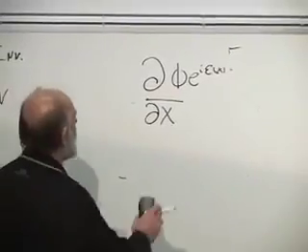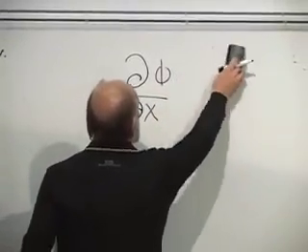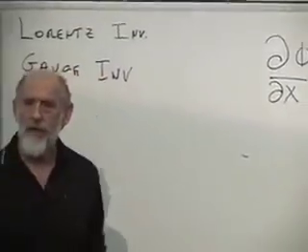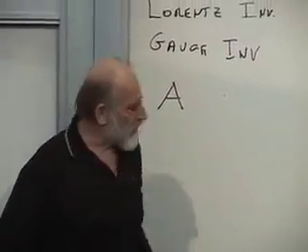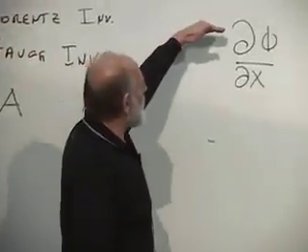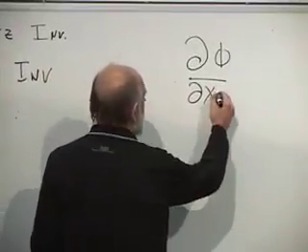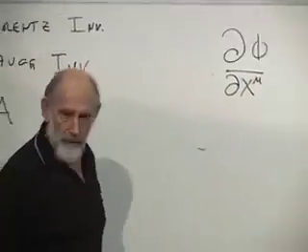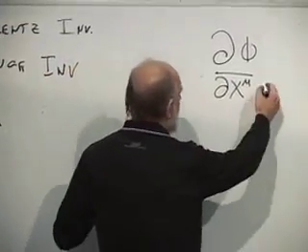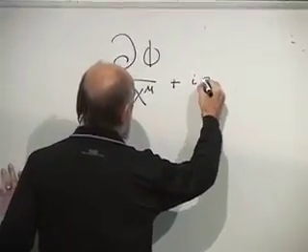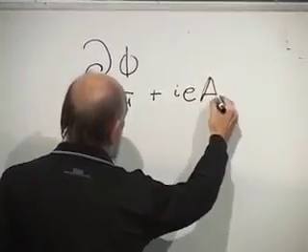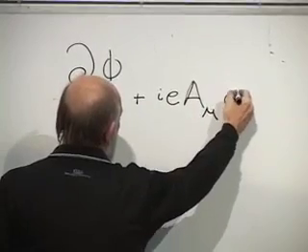Anybody remember what we had to do in order to make the Lagrangian of the scalar field gauge invariant? You have to add another term. Right. We had to change from the ordinary derivative to what is called the covariant derivative. We had to add to this plus i e vector potential times phi.